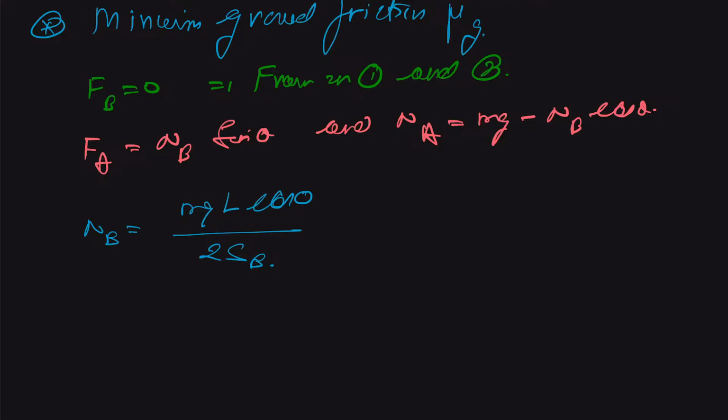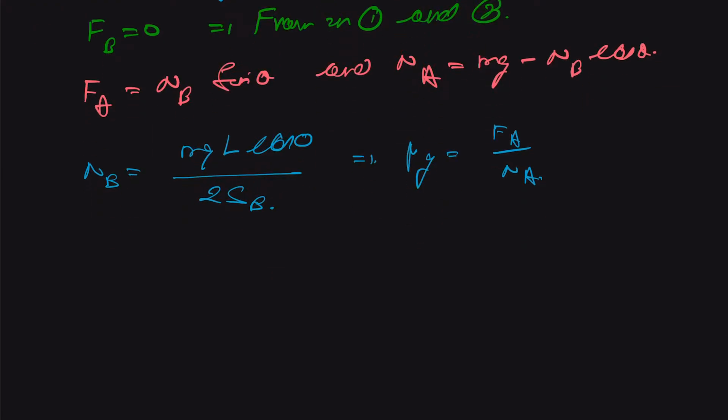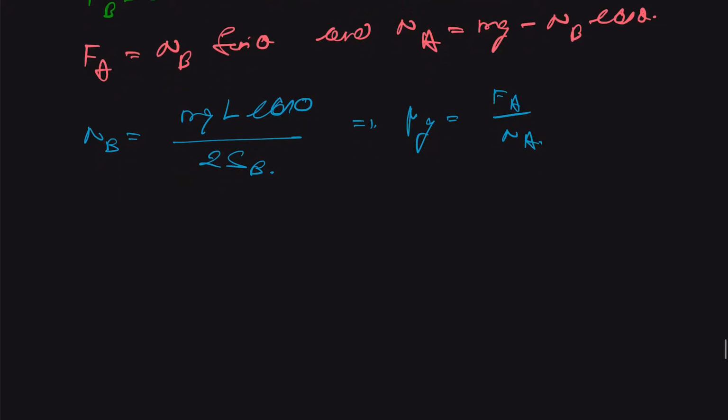And our mu of G we know is F of A upon N of A. Therefore, we simply take their ratio. So we get from here mu of G is equal to F of A upon N of A, which comes over N B sine theta upon mg minus N B cos theta.